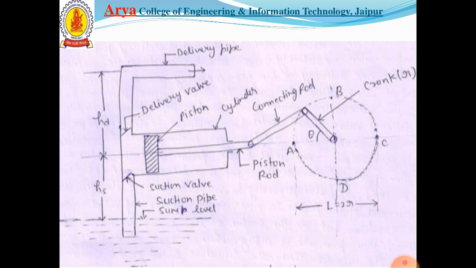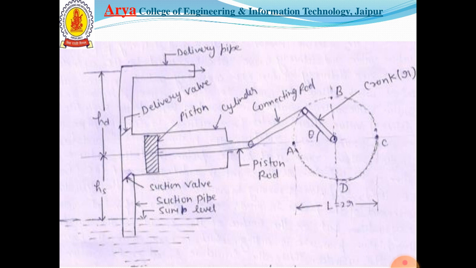The movement of the piston towards the right creates a partial vacuum in the cylinder, but on the surface of the liquid in the sump atmospheric pressure is acting, which is more than the pressure inside the cylinder. Therefore, the liquid is forced up the suction pipe from the sump. The liquid opens the suction valve and enters the cylinder.